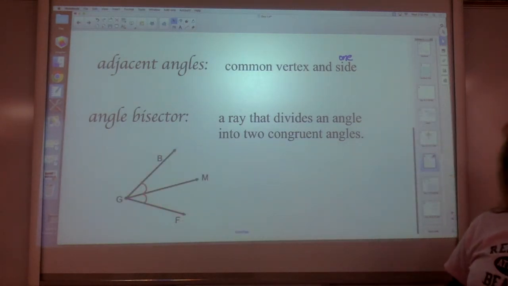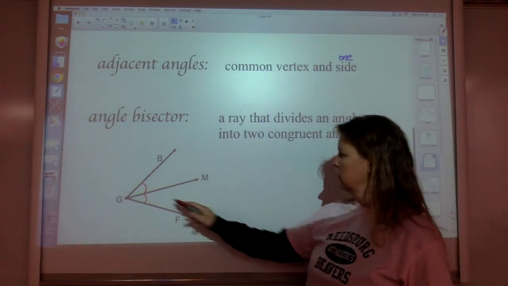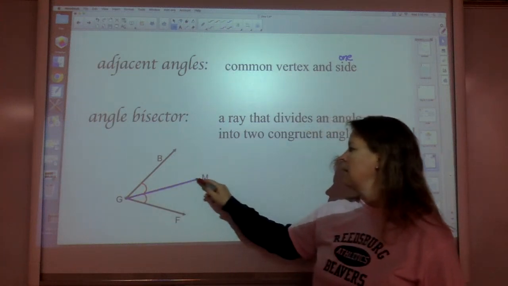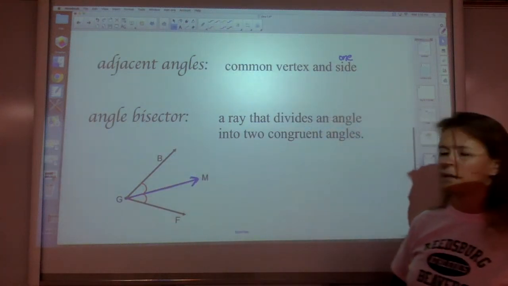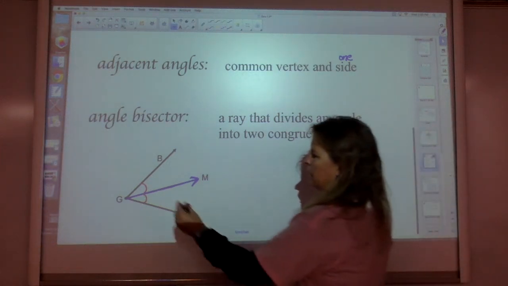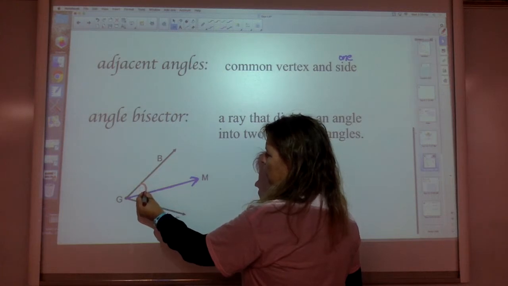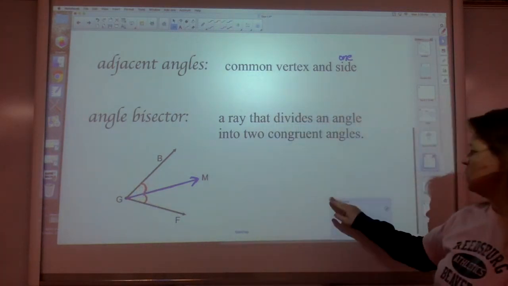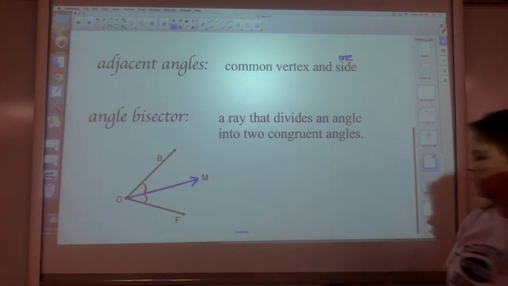There's an angle. The angle bisector, go ahead and take your time and draw this in, is ray GM. That's the bisector. And now we have little shortcut markings. If you want to show that two angles are congruent, in the book they'll be red because it's always color-coded. You show that they're congruent by putting two little arc marks.